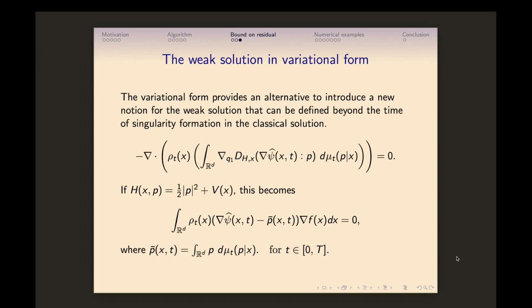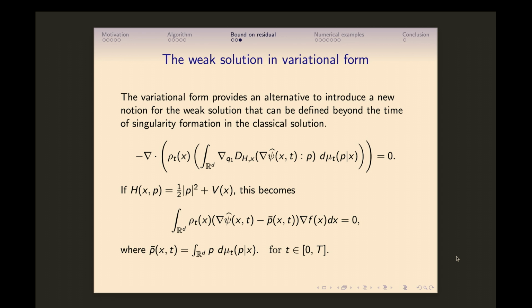Whether this is another version of weak solution, I have no idea, but at least if you understand it in this way, you don't really need to worry about the singularities, because everything is in integral form, defined by data that doesn't see any of those intersections.